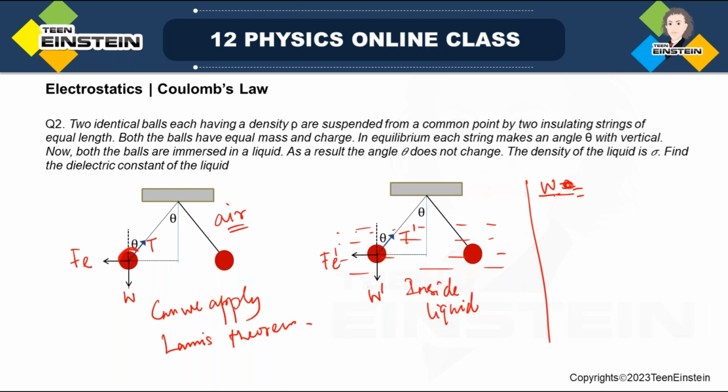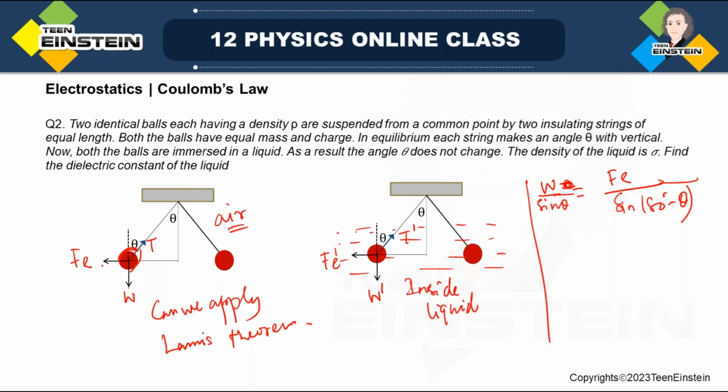And we take Fe, the angle between the other ones, which is 180 minus theta. Okay, so these are the things.